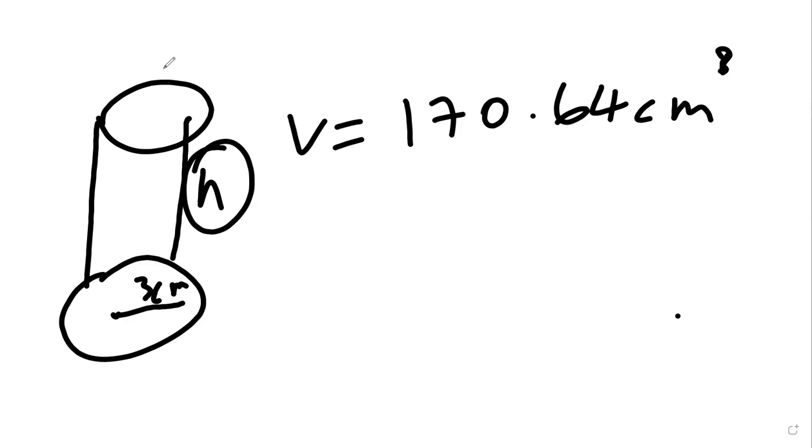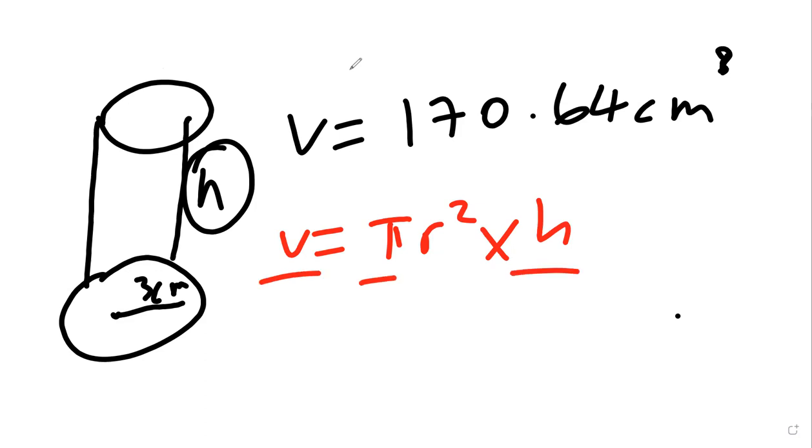The first thing I need to remember is the formula for the volume of a cylinder. It is pi r squared times the height. All I need to do is substitute all the values that I have into my formula, and then make h the subject, or solve for h, which is the height.